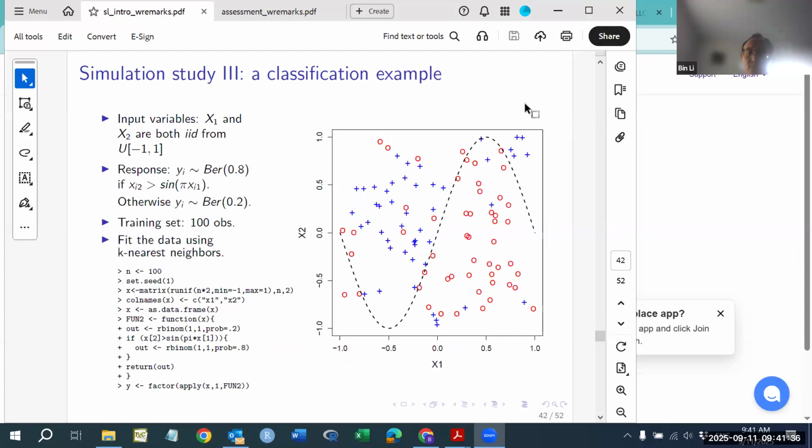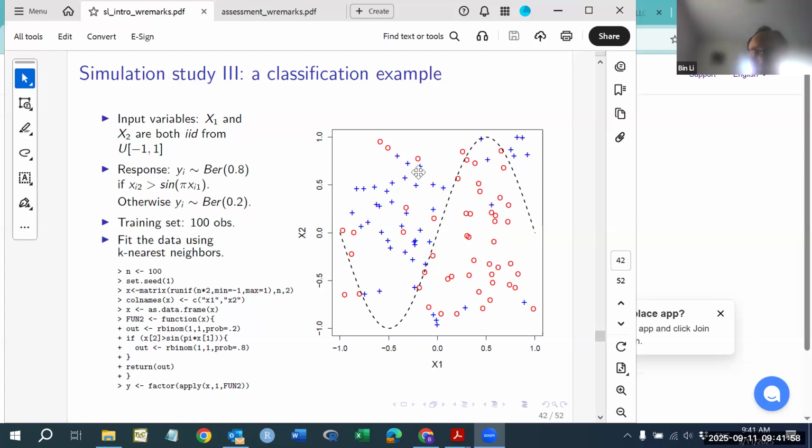Okay, so the third simulation is a classification example. I want to walk through this simulation, where you will see the bias-variance trade-off also applies to the classification case.